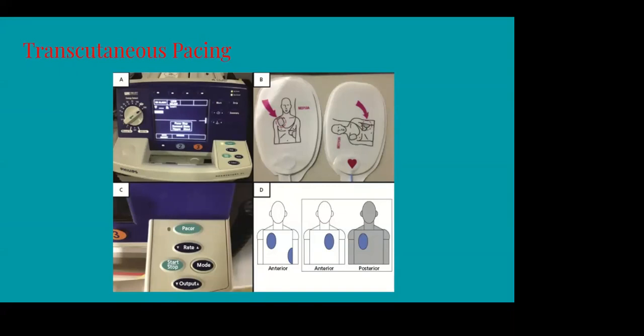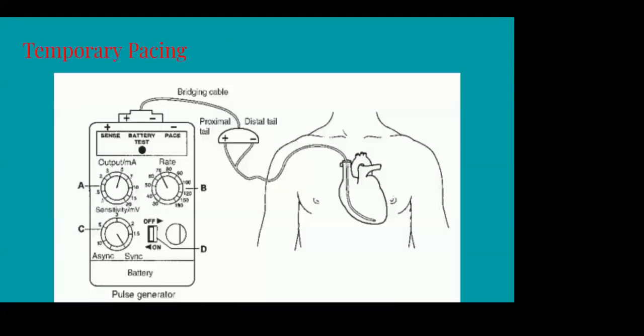It is basically like the defibrillator patches that you put on, and you can pace the patient accordingly. But it is a bit uncomfortable, because you are actually generating electrical impulses to pace the patient.